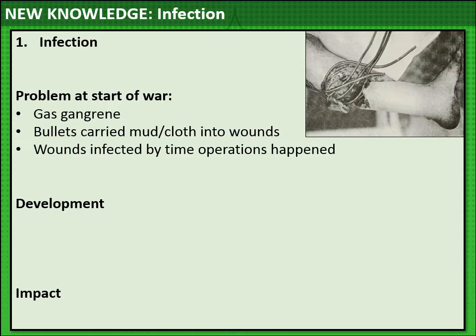Now, this had happened because when bullets had gone into the body, they'd often carry in mud from soldiers' uniforms or even little tiny fragments of uniforms themselves, which of course would be covered in germs. So this would mean that by the time that operations happened that soldiers needed, wounds would already be infected.